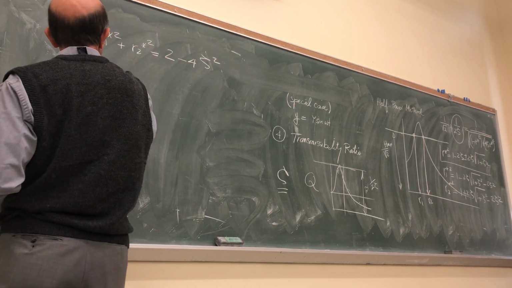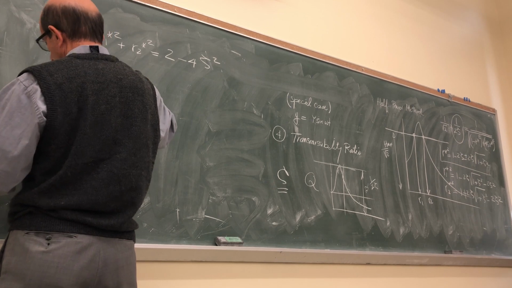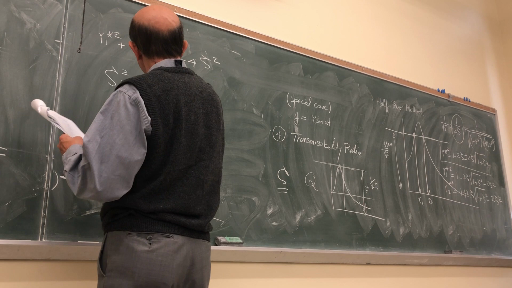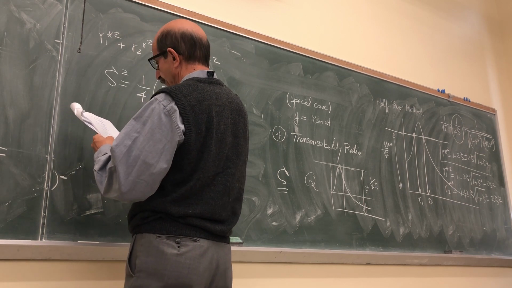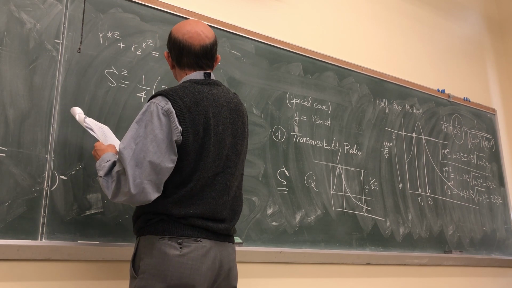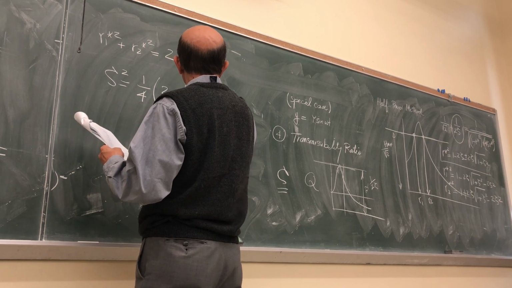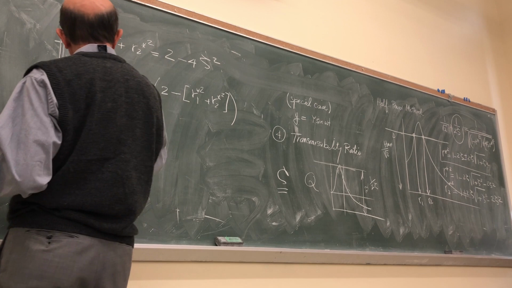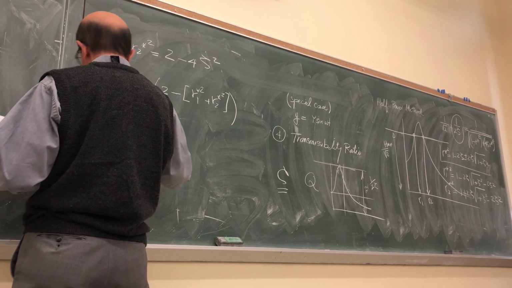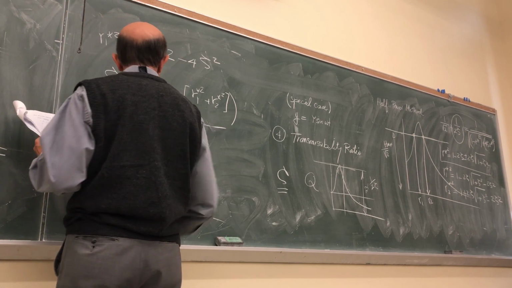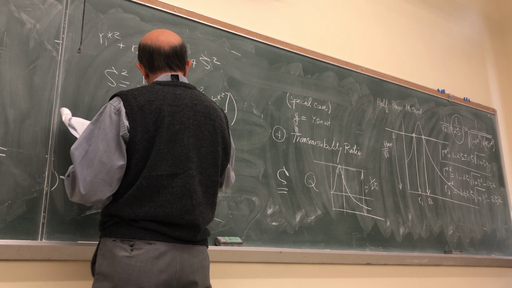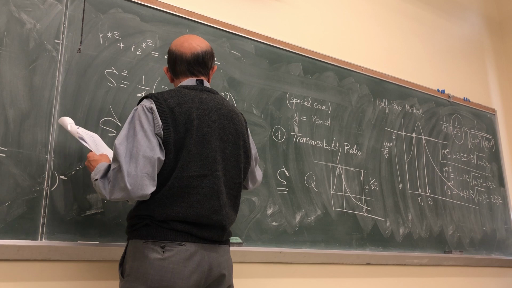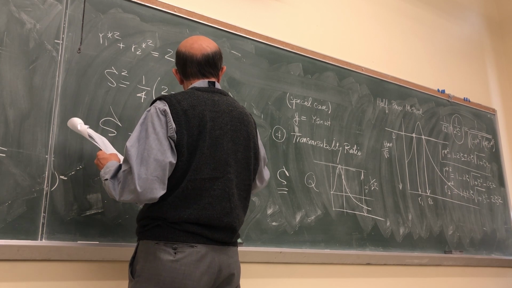Or in other words, zeta squared would be 1/4 of 2 minus R1 squared plus R2 squared, or zeta is 1/2 of that radical, 2 minus R1 squared plus R2 squared.